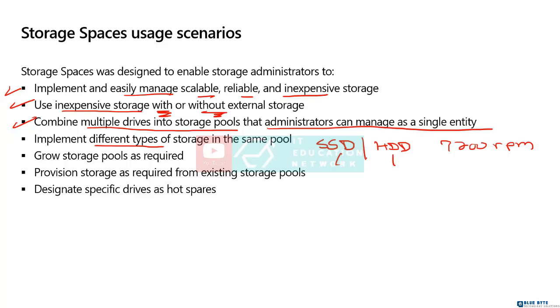in your storage pool. If you do that, one of the things that's awesome, this will automatically recognize the different types of storage. So it knows SSD is fast. Relatively speaking, it knows an HDD is slow compared to a solid state drive. So what we can have this automatically do, in your storage pool, data that you access most often will be saved to your solid state drive. Data you access less often will be saved to your hard disk drive.